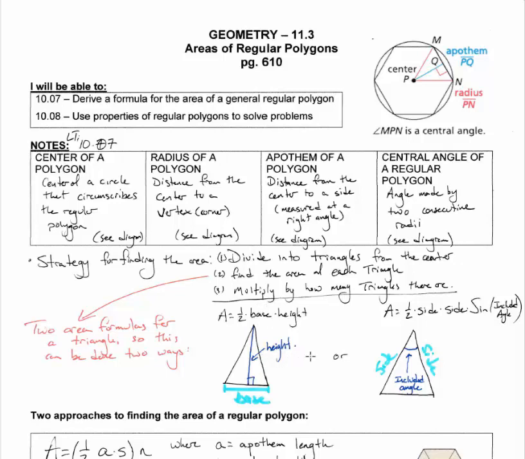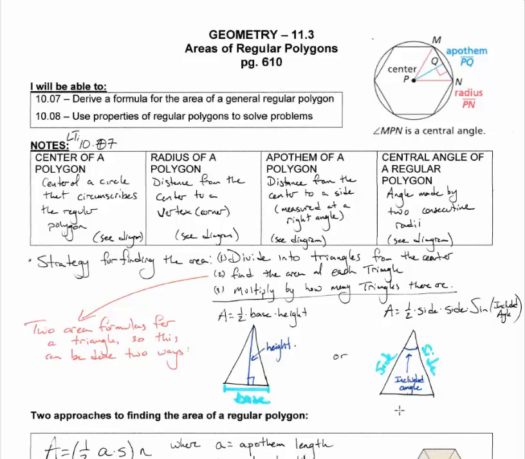Alternatively, in our lesson on the law of sines, we saw a different way to calculate the area of a triangle, that you didn't need to actually calculate a height, but instead all you need to know are two sides and the angle in degrees of the angle that's included in between them.